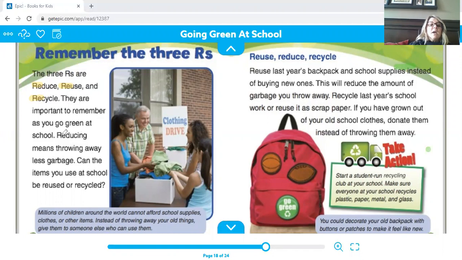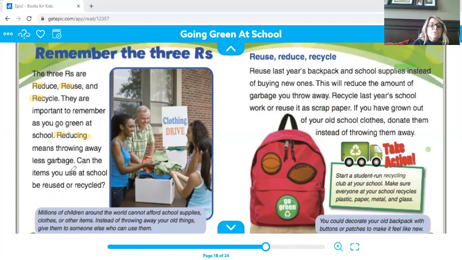Reducing, I see a prefix and a suffix in this one. And if we remember, the suffix ing means doing something. So what you're doing, you're reducing, you're doing it, okay? That means throwing away less garbage. That also helped us. That's our look around the word to give us that meaning as well.